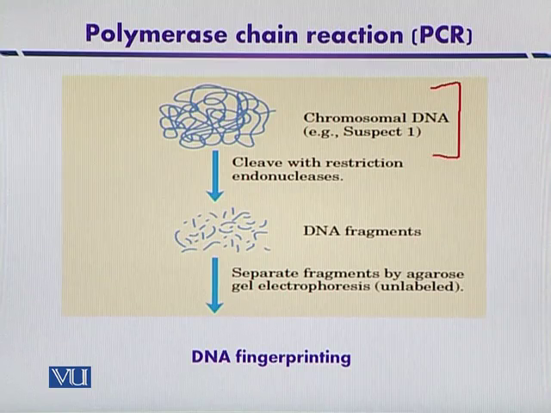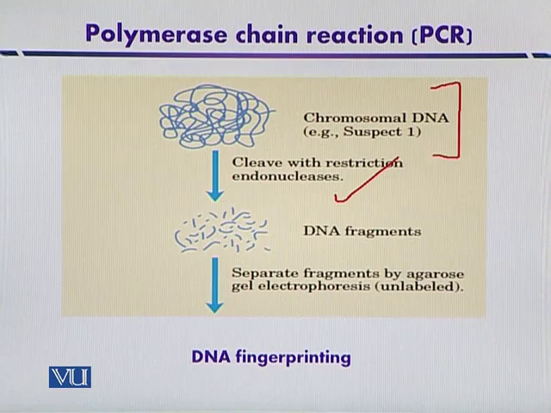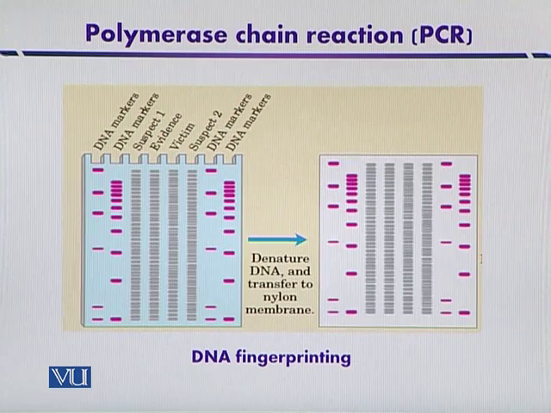After extraction it can be cleaved with certain restriction enzymes in the second step, so that after restriction we will get a number of DNA fragments, and these DNA fragments can be separated by agarose gel electrophoresis.